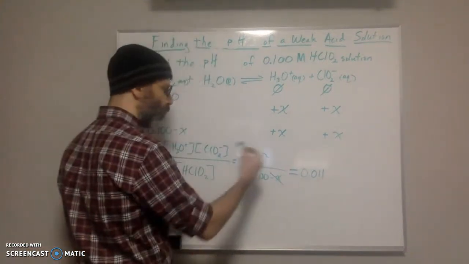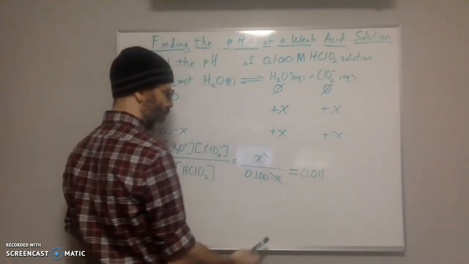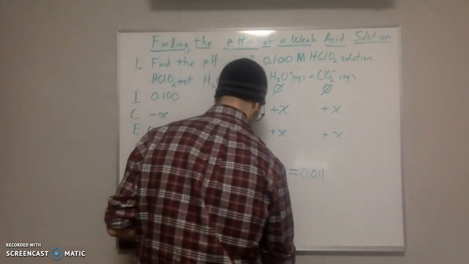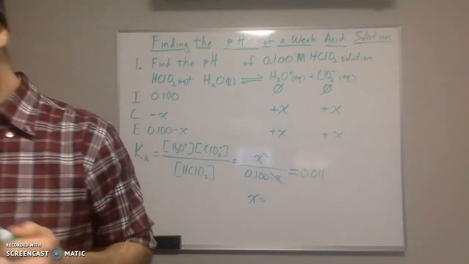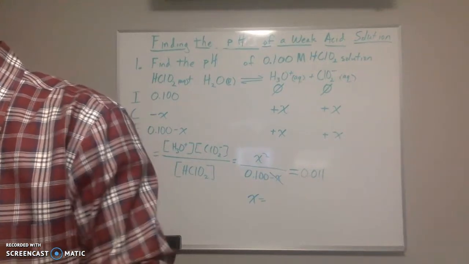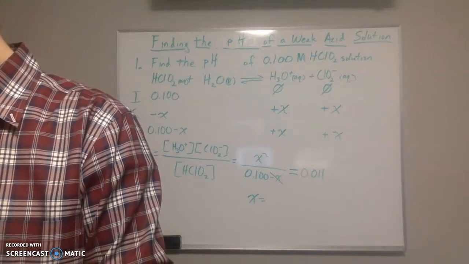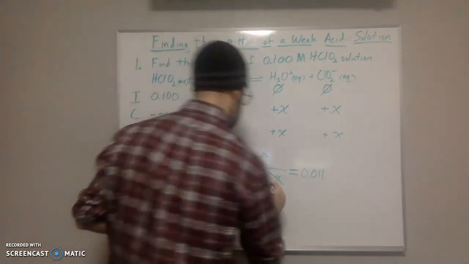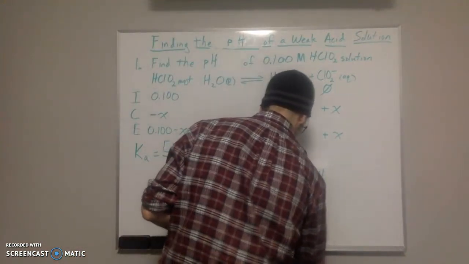So when we solve for x, all I'm going to do is multiply both sides by 0.100, take the square root of both sides, and then I get x. When I do that, x is going to be equal to 0.033.